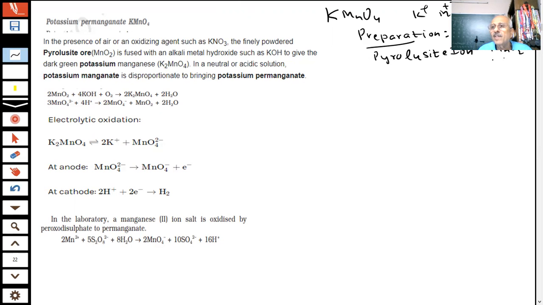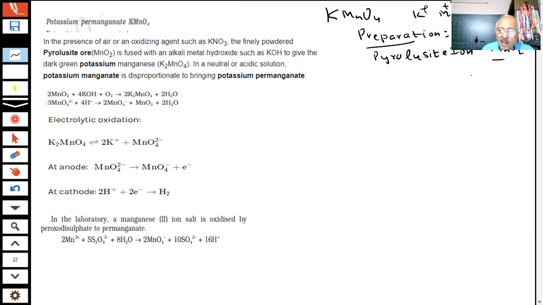Now, in potassium dichromate, which ore did I use? Chromite ore, and the formula was FeCr2O4. I converted that into chromate ion first, then sodium chromate to potassium dichromate. Now you have MnO2.